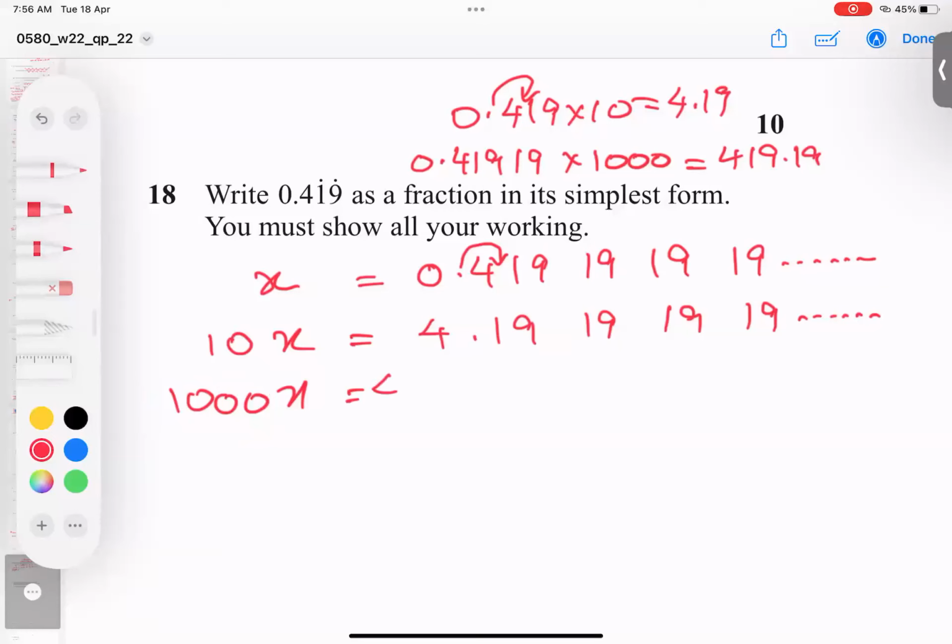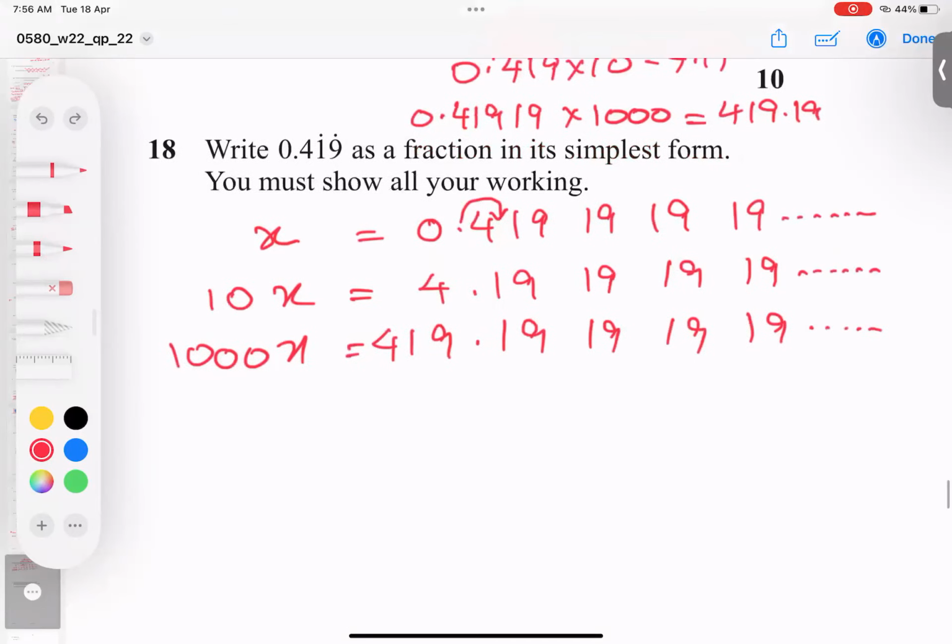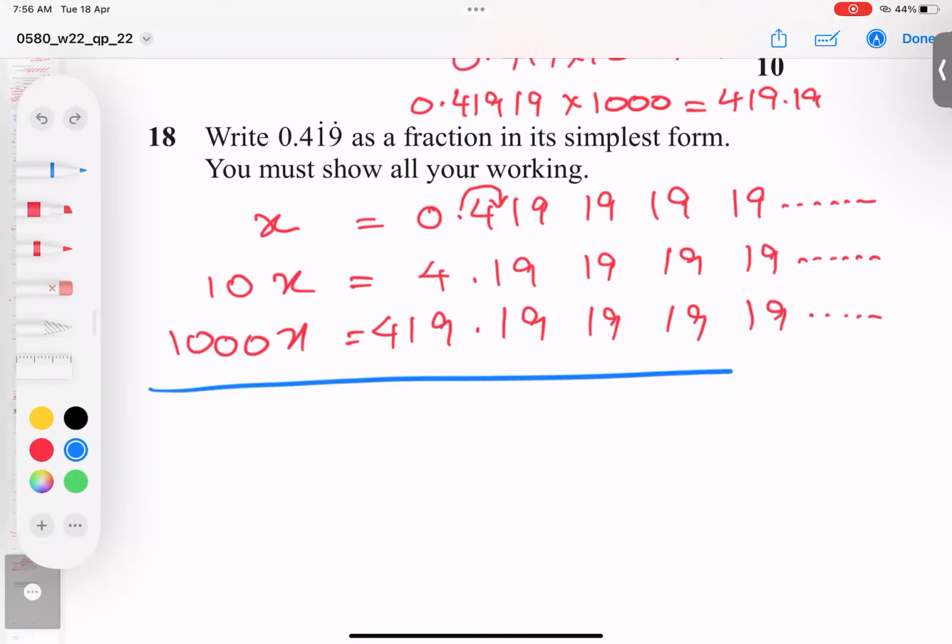So I get 419.19, 19, and continue. You can ask one question, sir, when you bring 419 to the left side, is the 19 reduced or not? If from the water of the sea you take out one bucket of water, it will not affect it at all. And I believe you got the point.